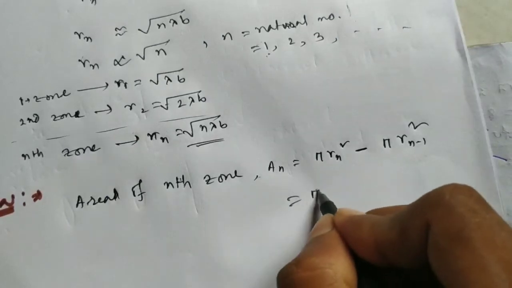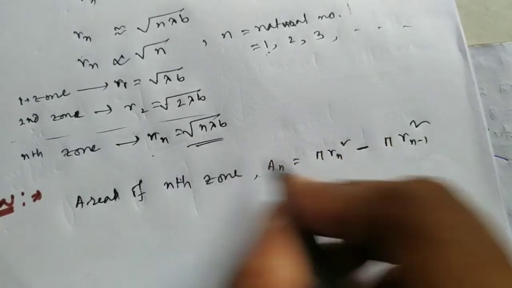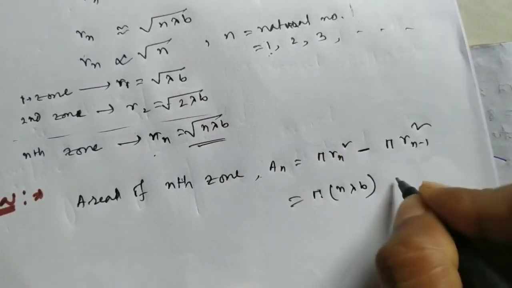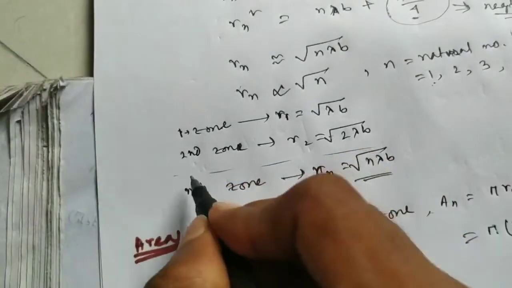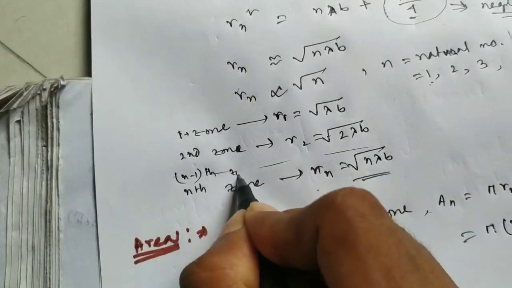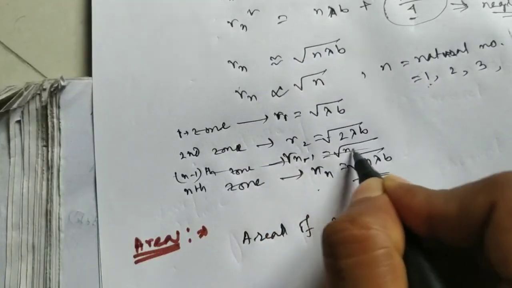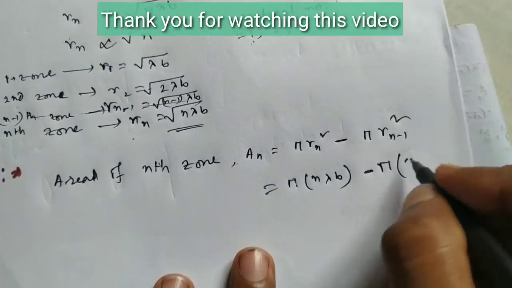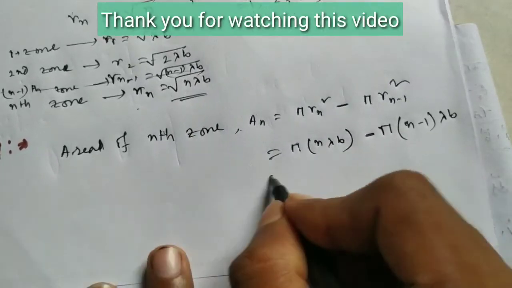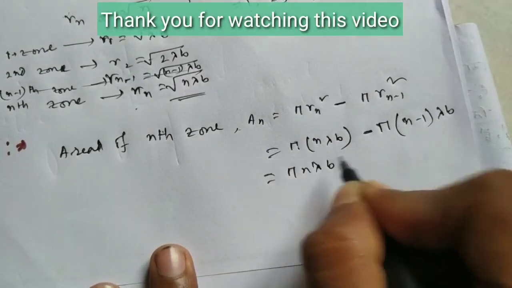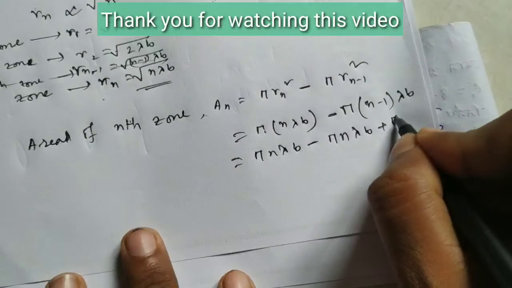Rn is root over n lambda b, so pi n lambda b, minus pi times the n minus 1 zone, for which R n minus 1 equals root over n minus 1 lambda b. So pi n lambda b minus pi n minus 1 lambda b, that is minus pi n lambda b plus pi lambda b.